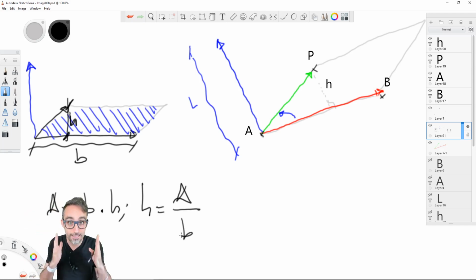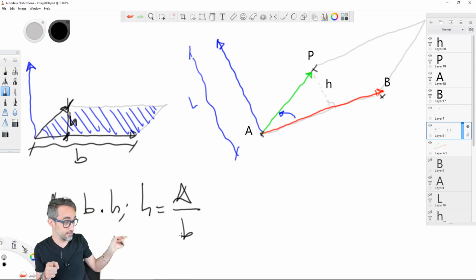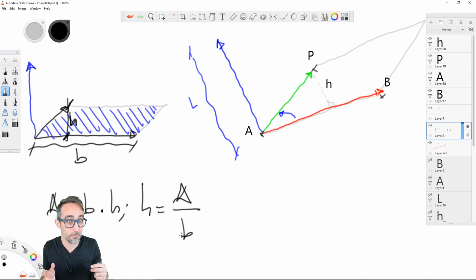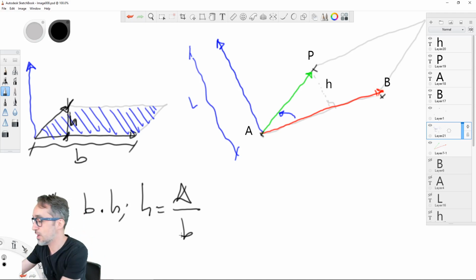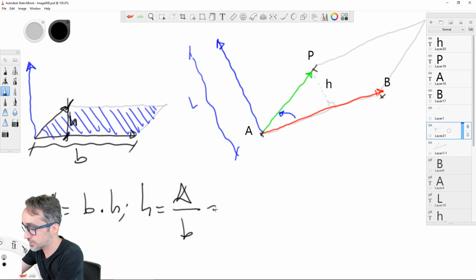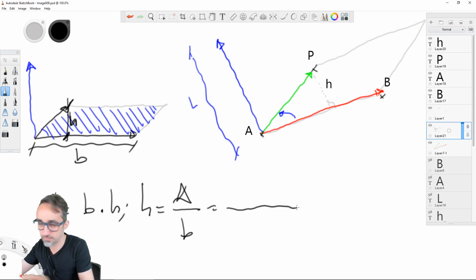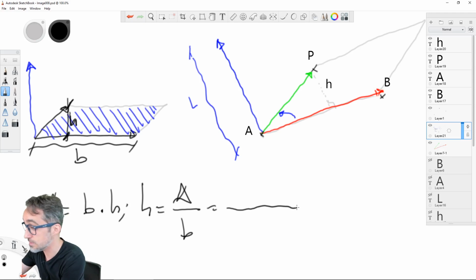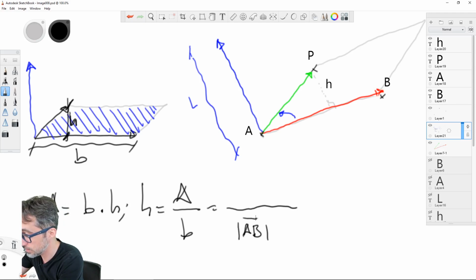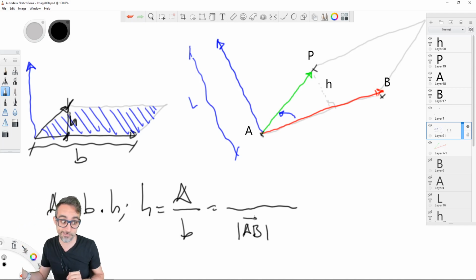And guess what? If we transform this A and this B into vector parameters, what we get is that B, the length of the base, equals the length of the vector AB that we have here. So the length of the vector AB, right?